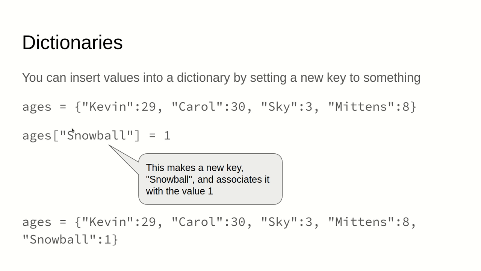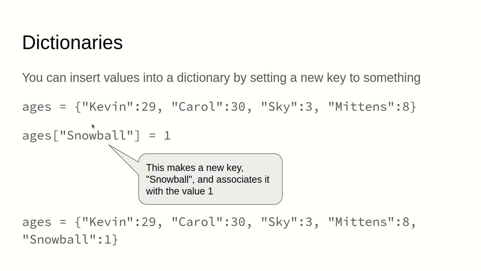We do it similar to how we look stuff up, except we say it equals something. And we were able to do this in lists for indexes that already existed. But for dictionaries, it's different. I can do it for keys that already exist to change their value. For example, if Carol had a birthday and we wanted to increase Carol's age to 31, then I could say ages Carol equals 31.